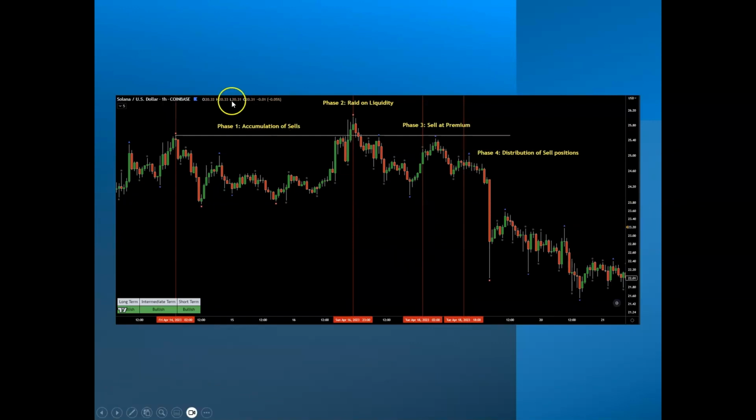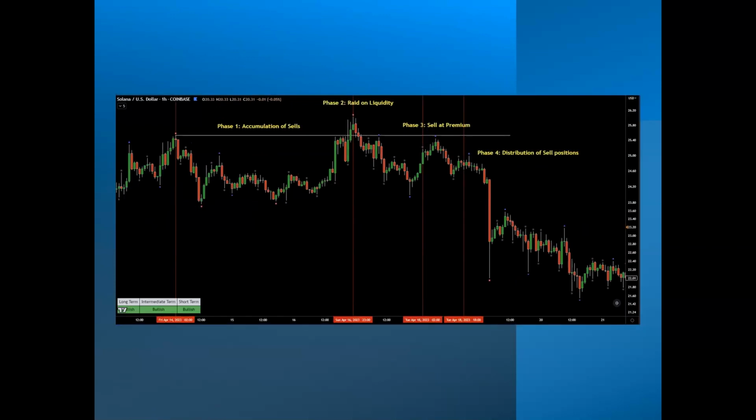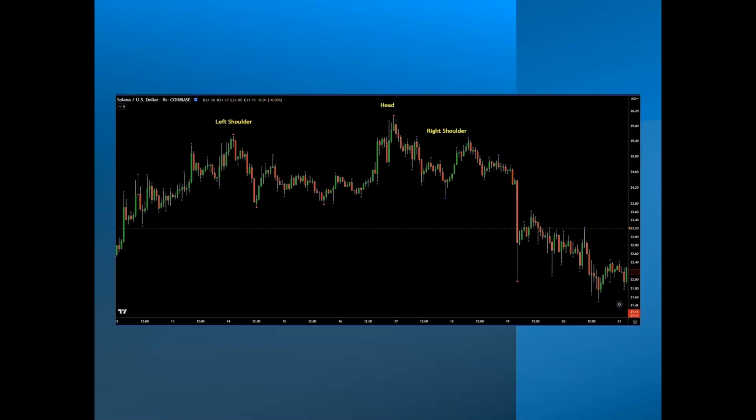You can see phase one, phase two, phase three, phase four. Because this is a sell model, you have the accumulation of sells, and again, the rest of the model, which we will talk about later in this video. And then you have the same exact model here, but labeled as a head and shoulders. So you can definitely see that there's a very clear correlation or similarity between the two.